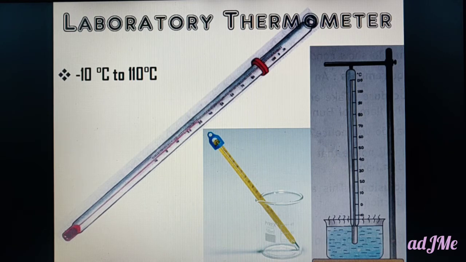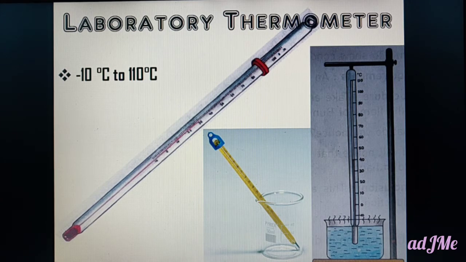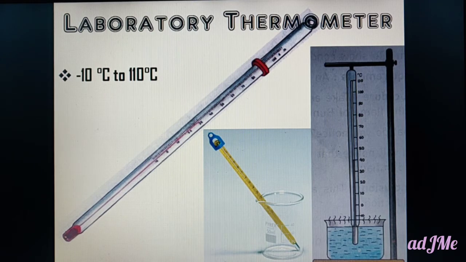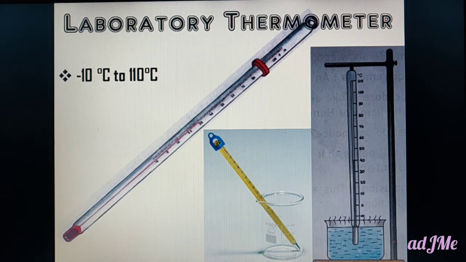Secondly, which is more important than the first point, if I am measuring the temperature of boiling water and insert a clinical thermometer in that water, boiling water will be 100 degrees Celsius, but the reading range in the clinical thermometer is just 35 to 42 degrees Celsius. In that case, what will happen?